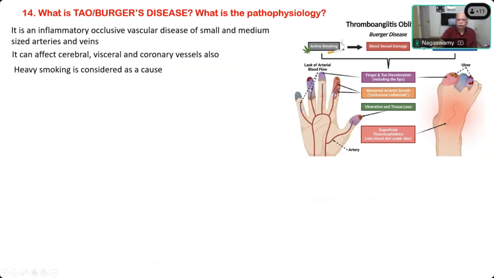So lack of arterial blood flow to usually the tips or the digits, in both hands and feet, can happen. So finger and toe discoloration, abnormal arterial growth called corkscrew collaterals, ulceration and tissue loss, superficial thrombophlebitis. So you can have a thrombosed vein seen on the skin.